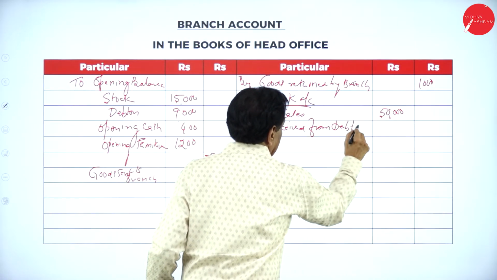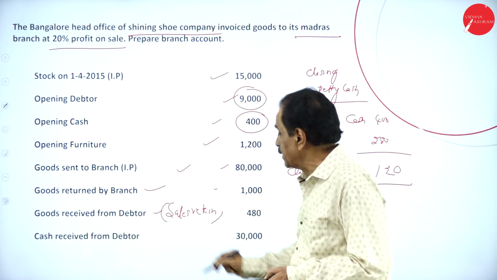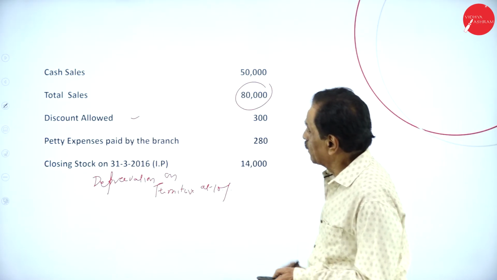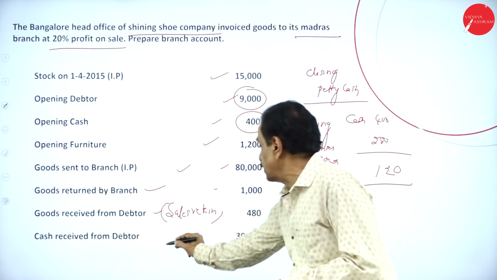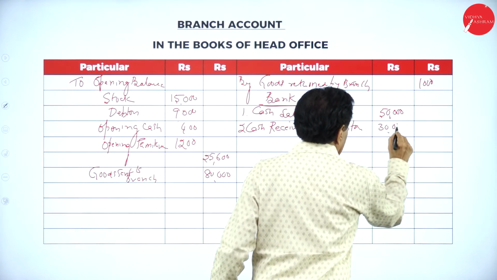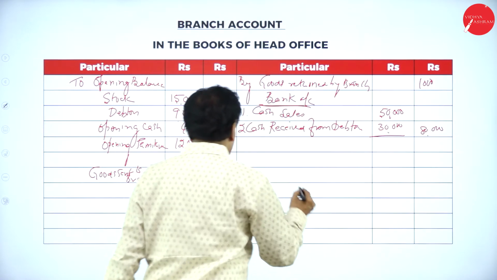I think it is 30,000. See the questions. Your cash sale is 50,000. Cash received from debtor is 30,000. Totally 80,000. Closing balance.